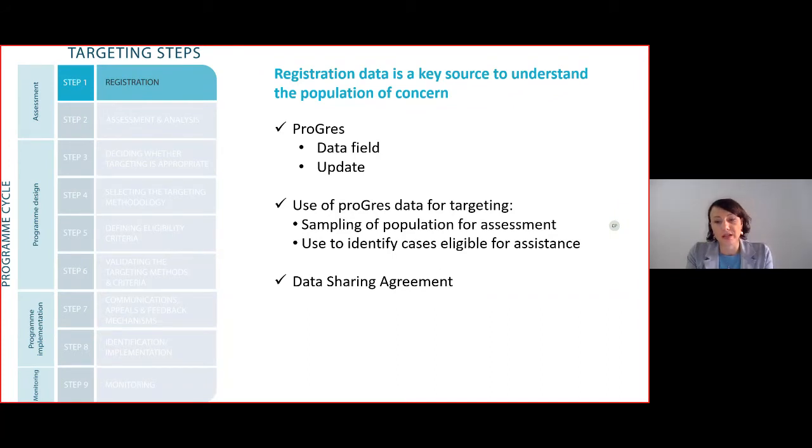In the data sharing agreement, in Annex 3, it is explained how the data are shared among UNHCR, WFP and partners, and the use of the data. But for this, there will be a webinar on the 17th of December that really focuses on proGres, the registration and case management system of UNHCR, and gives you all the details of what's inside proGres itself.